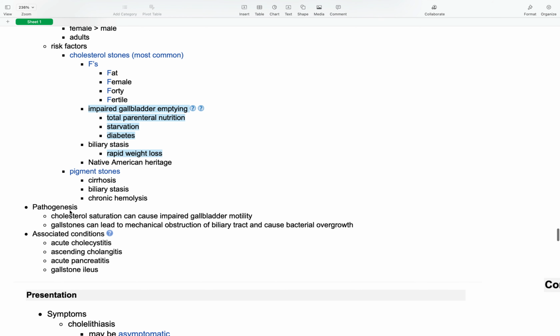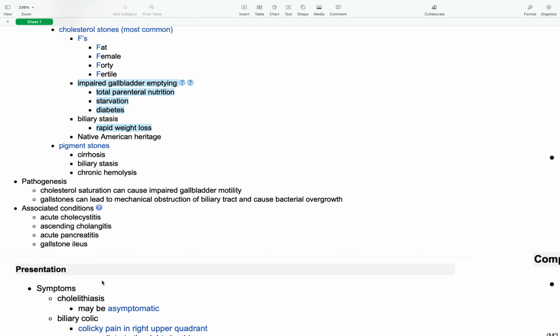The pathophysiology is that cholesterol saturation can cause impaired gallbladder motility, and basically gallstones can lead to mechanical obstruction of the biliary tract and cause bacterial overgrowth. So patients can have a stone with infection, and therefore it is associated with acute cholecystitis, ascending cholangitis, acute pancreatitis, and gallstone ileus.